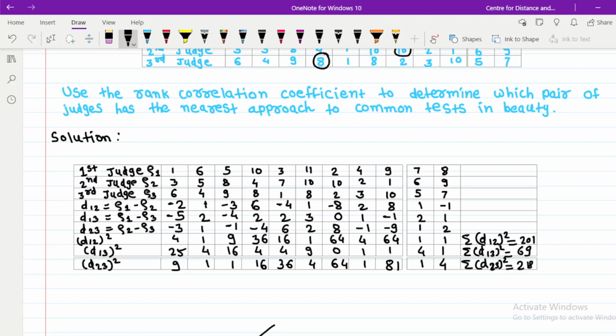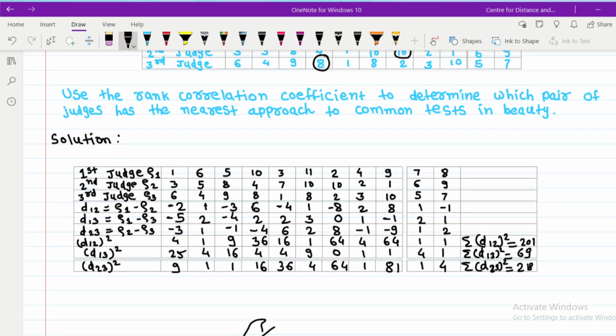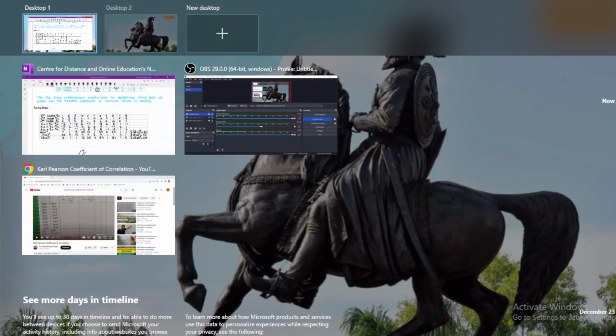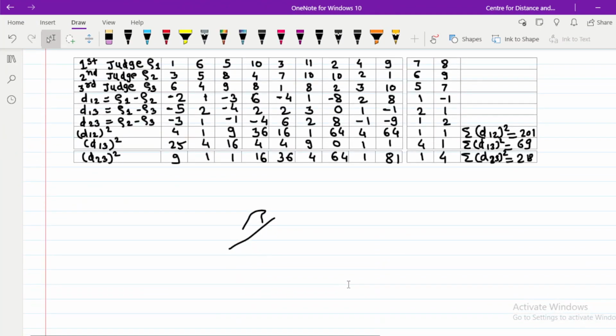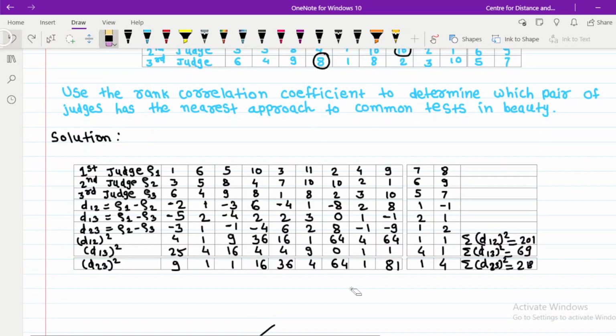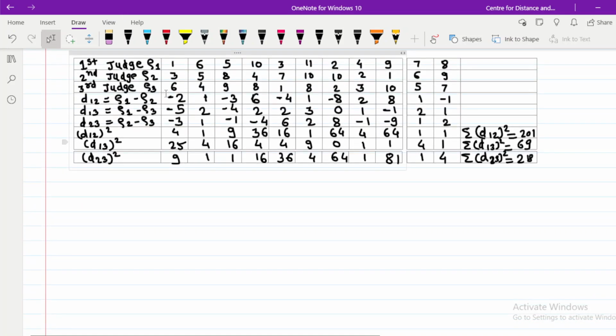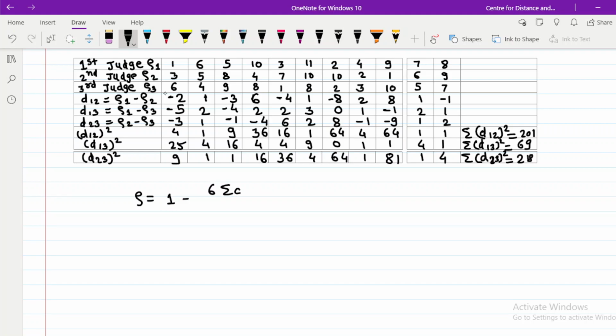write the formula for rho. That is, rho is equal to 1 minus 6 into summation d square divided by n into n square minus 1.